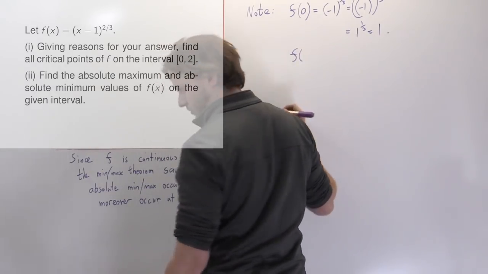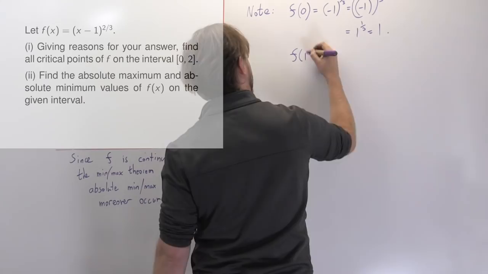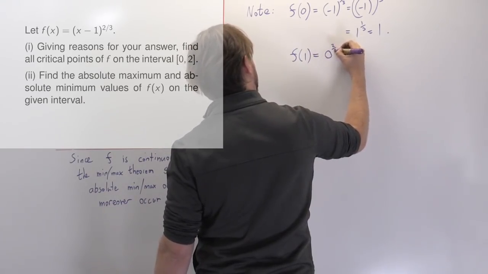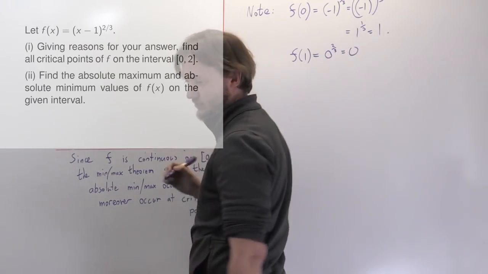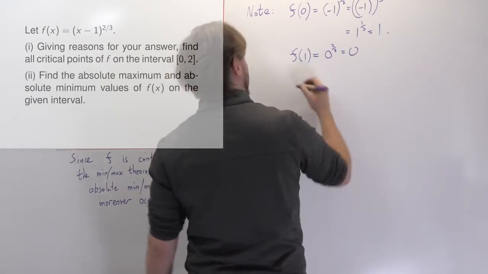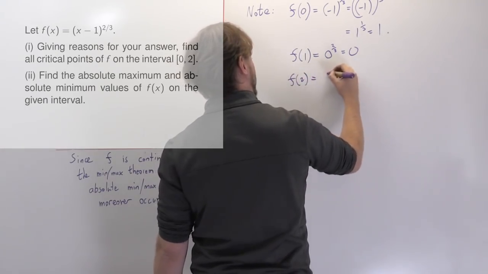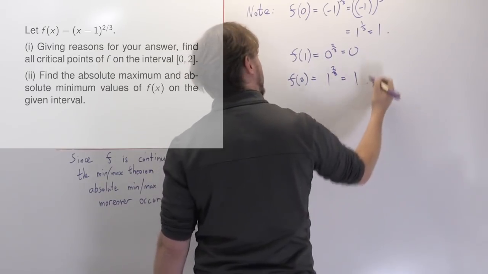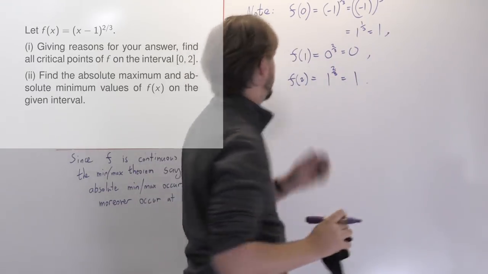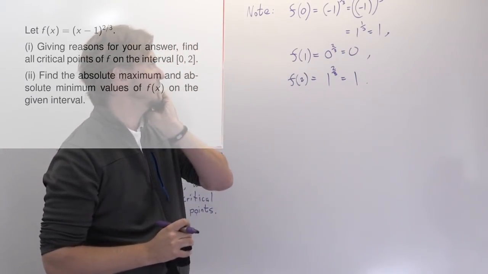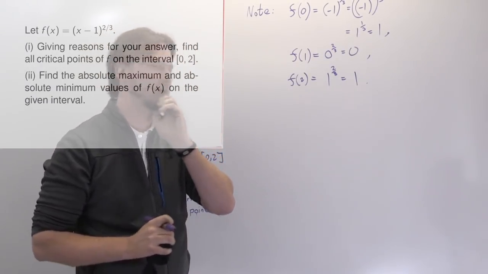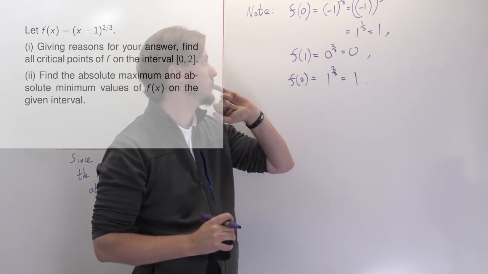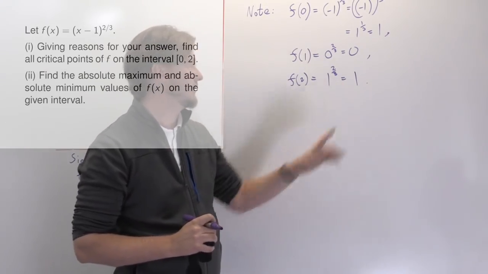The next critical point along was at 1. This is the non-differentiable point. You get f of 1 is 0 to the 2/3, and 0 to a positive power is just 0. And f of 2 is 1 to the 2/3, which is again just 1. So we have these three pieces of information, and we know that these must contain the absolute max and the absolute min. I can see that the absolute min must be the 0, and the absolute max must be the 1.